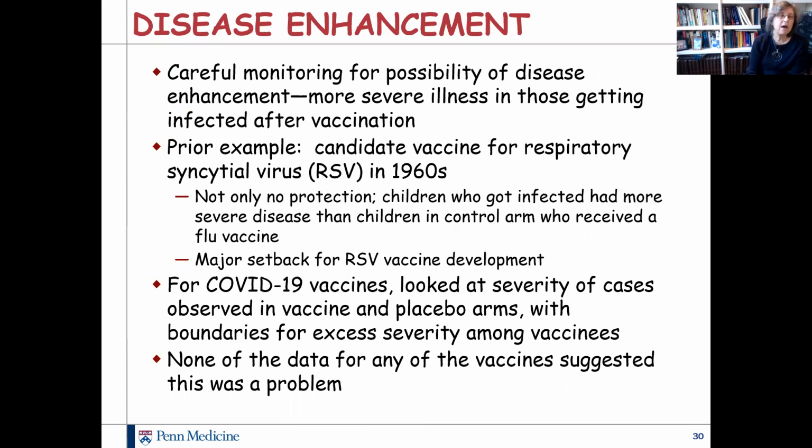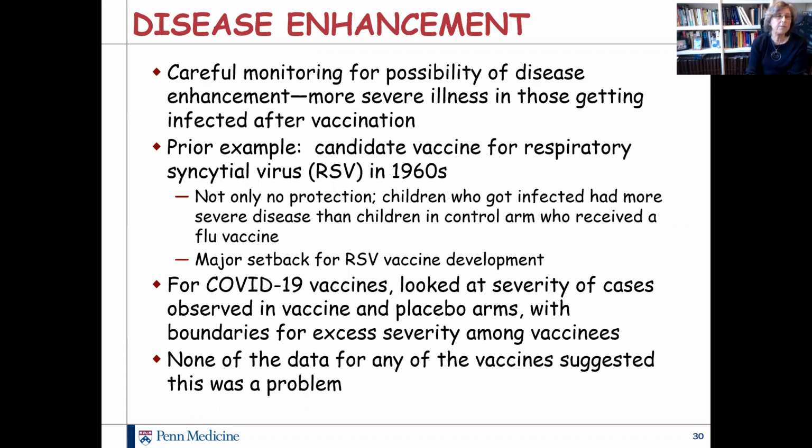Another thing that was taken into account in monitoring these trials was the possibility of disease enhancement. This means people who got the vaccine, if they did get infected, would have more serious disease. And we have seen this in the past.